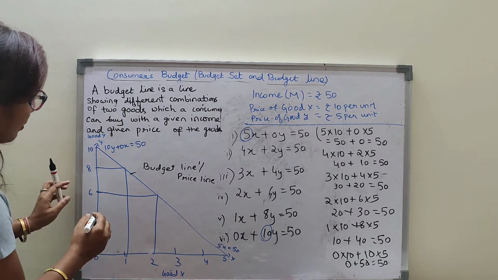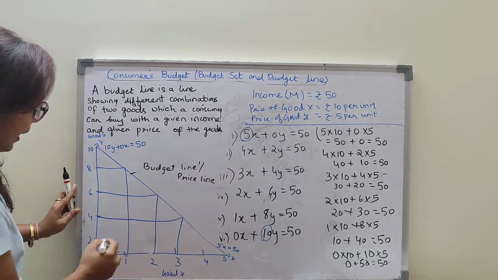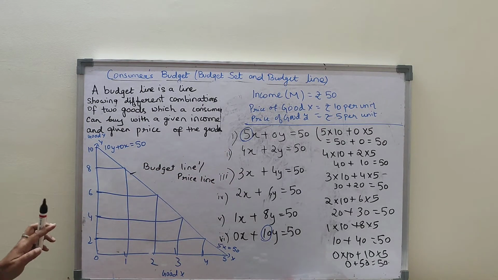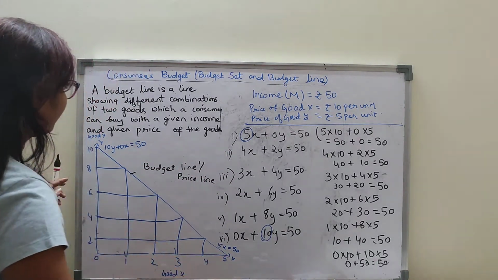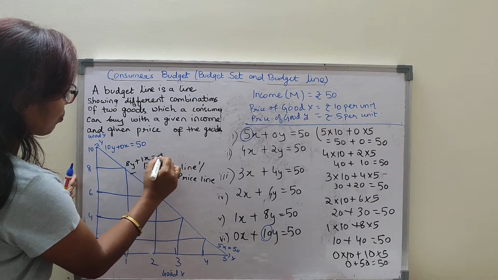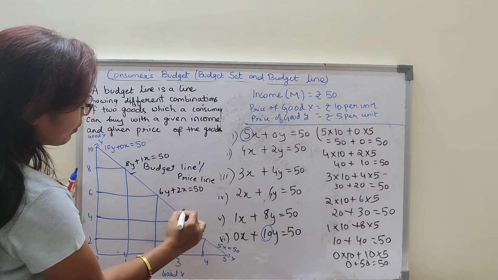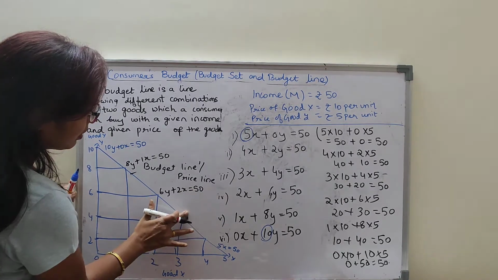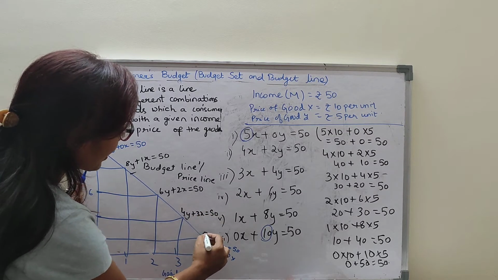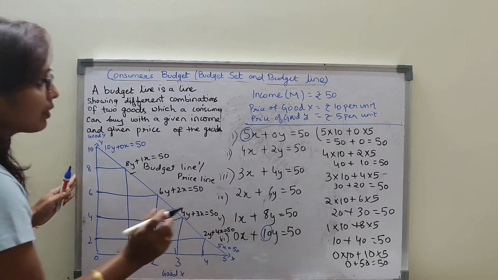Now 4Y plus 3X, 2Y plus 4X, and 5X is equal to 50. So I am writing 8Y plus 1X is equal to 50, 6Y plus 2X is equal to 50, 4Y plus 3X is equal to 50, 2Y plus 4X is equal to 50, and 5X is equal to 50.